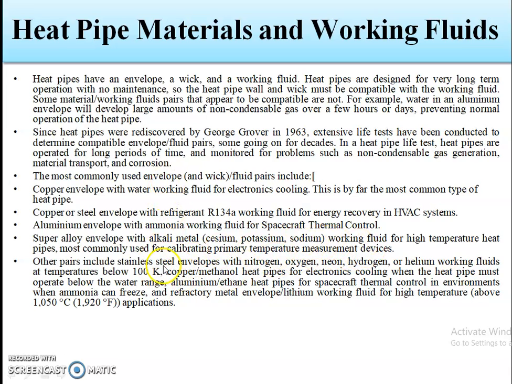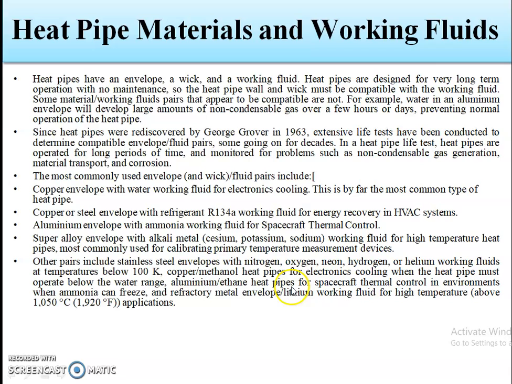Other pairs include stainless steel with nitrogen, oxygen, neon, hydrogen and helium as working fluids, operating at temperatures around 100 kelvin. Copper and methanol heat pipes are used for electronics cooling, where heat pipes must operate in the water range.